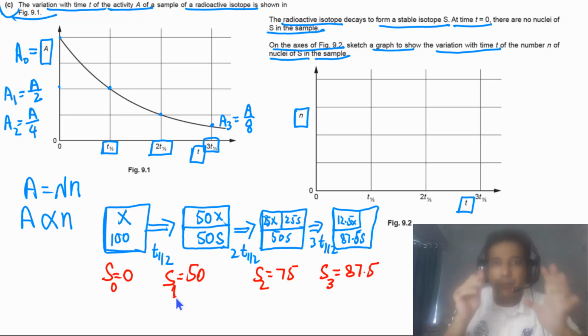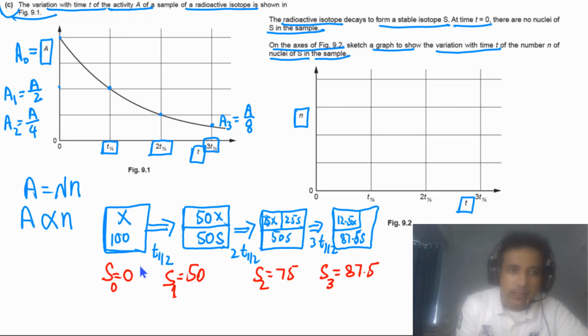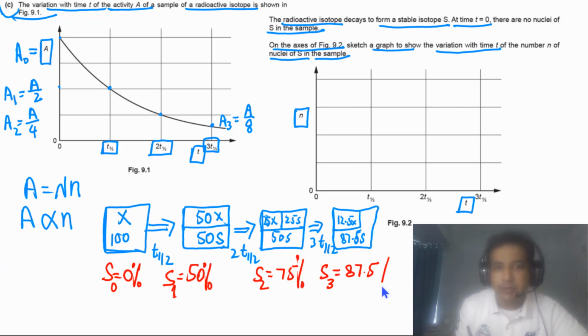But the proper way to represent this is in terms of percentage. Initially we have 0%, then 50%, then 75%, then 87.5% after three half-lives.